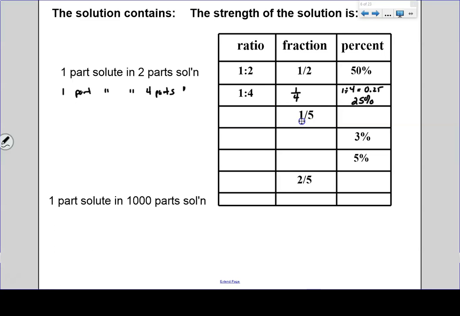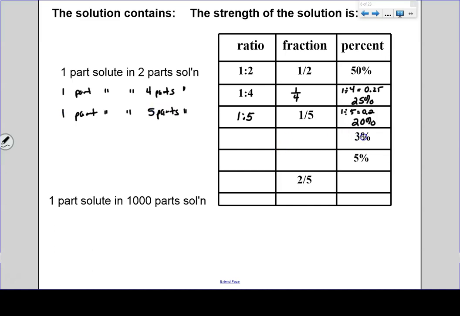Now, what's 1 to 5? Well, the ratio is easy enough. We're just going to put a colon between the numerator and denominator. For percent, we would take 1 and divide it by 5, and that's going to give you 0.2. If you change that into a percentage, that would give you 20%. And again, we would have 1 part to 5 parts of solution.